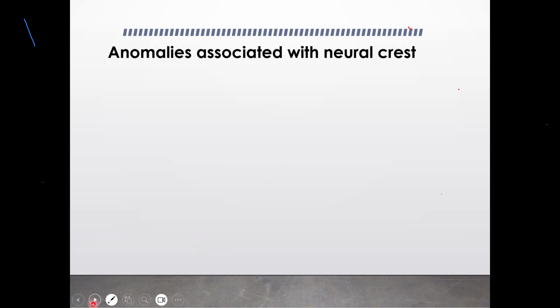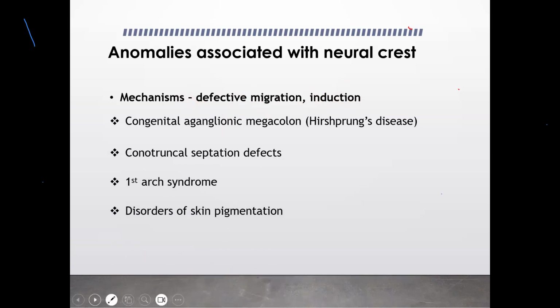Then the anomalies associated with the neural crest cells: you can have defective migration of these cells. In addition to defective migration, you can also have absence of induction, maybe by the primary neural tube, to give you the neural crest cells. Then you can have congenital aganglionic megacolon, that is Hirschsprung's disease.